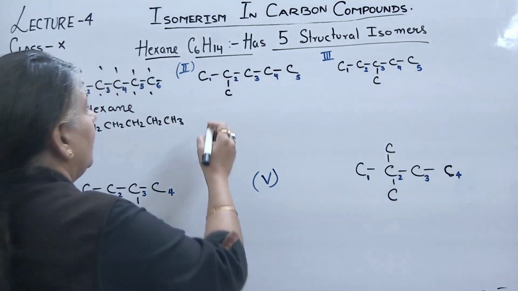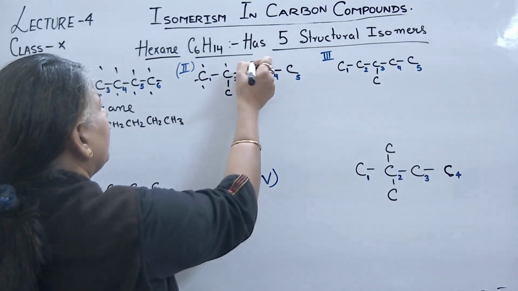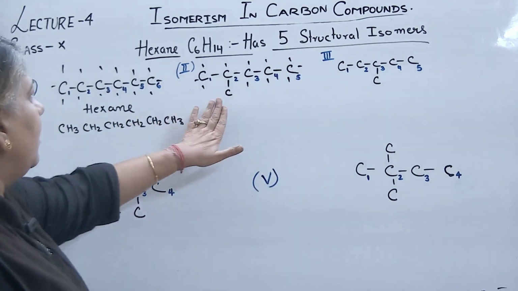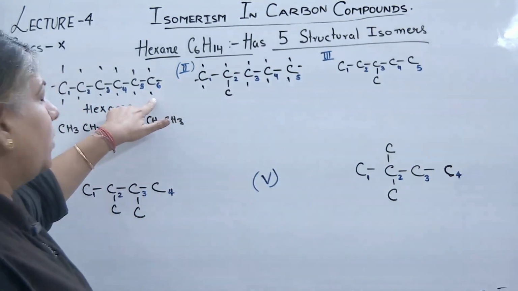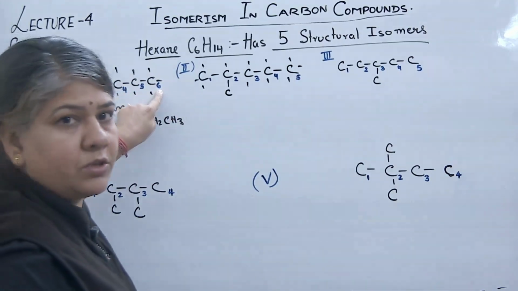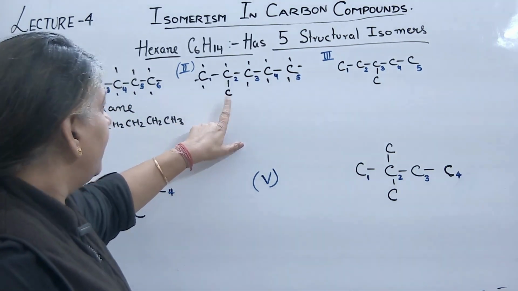Yes. Here you will again complete it with hydrogen bonds, and see what you can do. You break one carbon, let's assume 6th carbon, and place it at 2 position. So what happened?